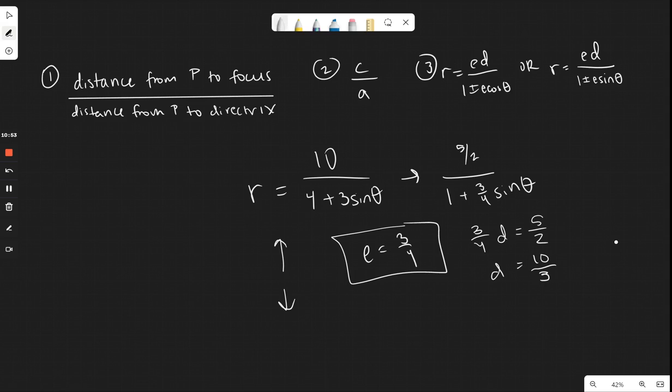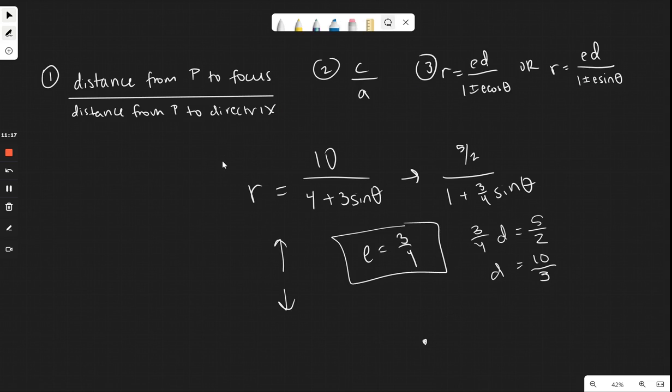So one of them is going to be 10/3. So this distance is 10/3 above the pole. And then the eccentricity is 3/4, so it's going to be an ellipse. So that's how we'd use this formula to find eccentricity.